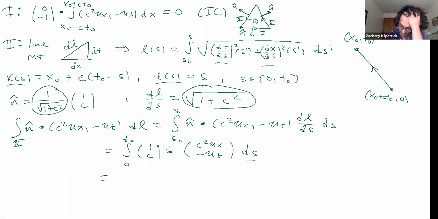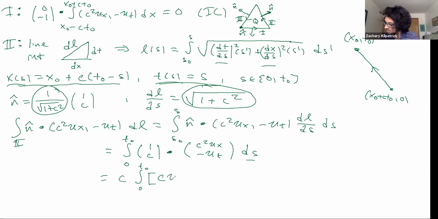So when I take this dot product and then I plug in these formulas for x of s and t of s, what I get is c multiplied by this integral 0 up to t0 of c ux of x0 plus c(t0 minus s), right?